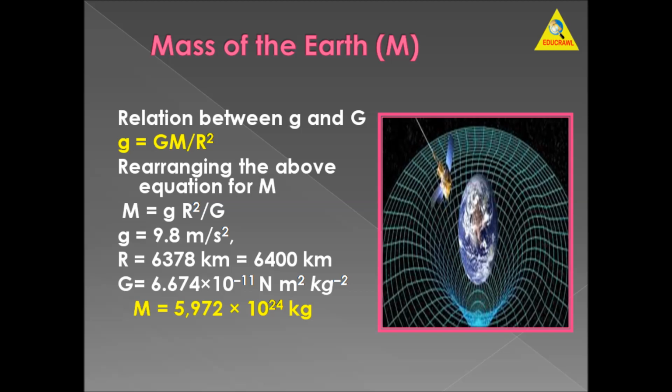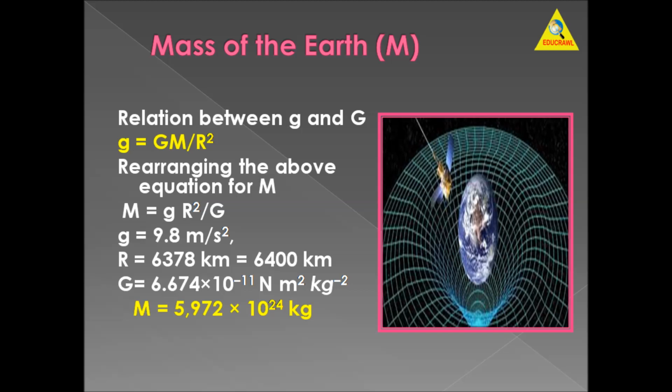Substituting the known values, small g, that is acceleration due to gravity, is 9.8 meter per second square. The value of capital R, that is the radius of the earth, is taken to be approximately 6,400 kilometer.